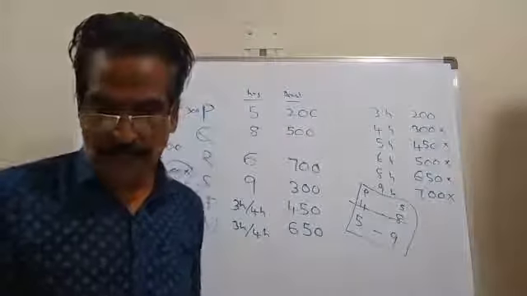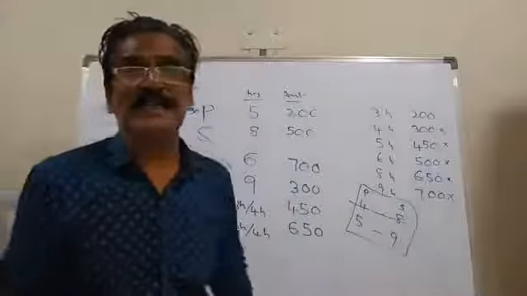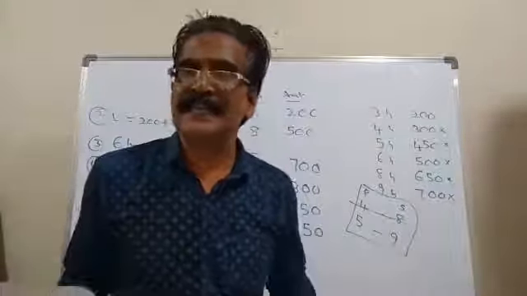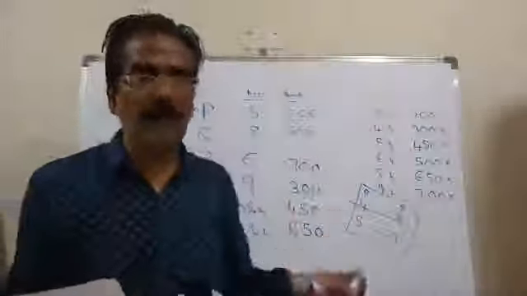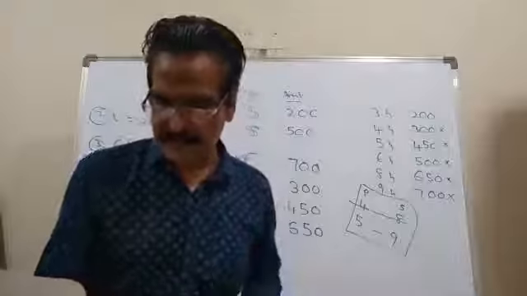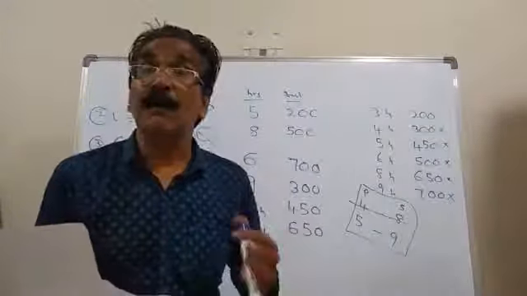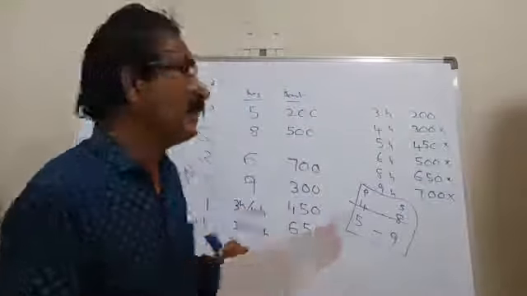Next question, for how many hours does U work? We can't say. It can be either 3 hours or 4 hours. So your answer is either 3 or 4. And next question, how many persons work for fewer hours than R?